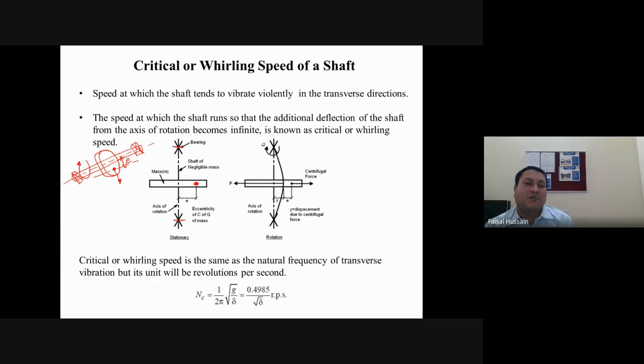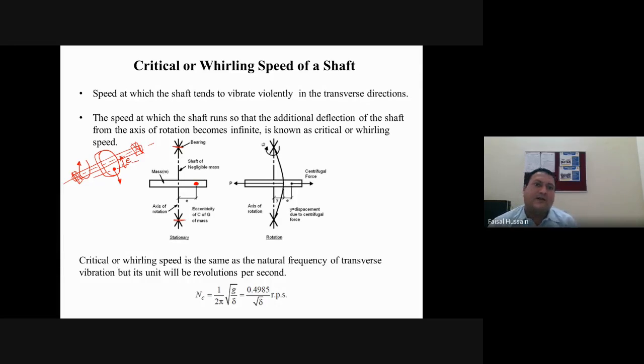And because of this violent behavior of the shaft and due to the cumulative tendency of the centrifugal effect due to the rotation, the shaft will fail at one point. Okay. So the speed at which the shaft tends to vibrate violently in the transverse direction is known as the critical speed or whirling speed.